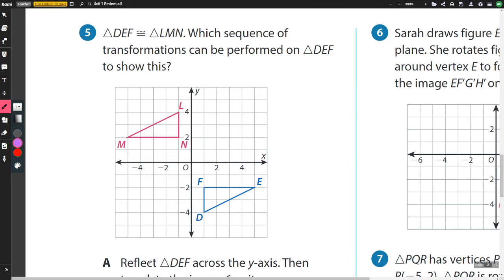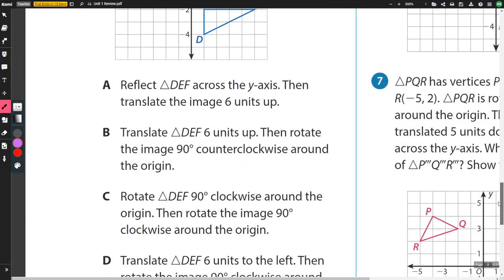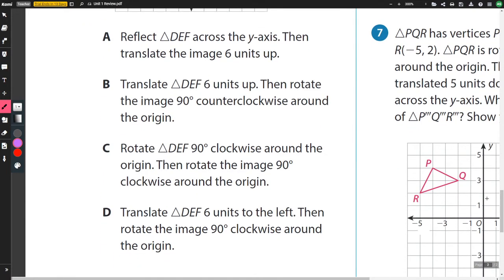Okay? Number 5. Triangle DEF is congruent to triangle LMN. Which sequence of transformations can be performed on DEF to show this? So let's read what they have so far.